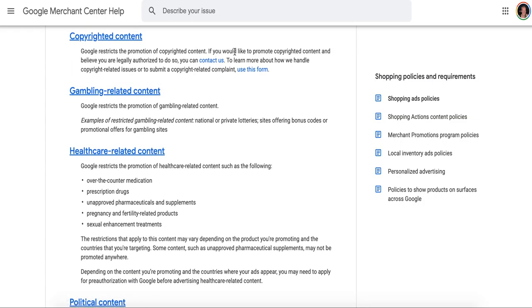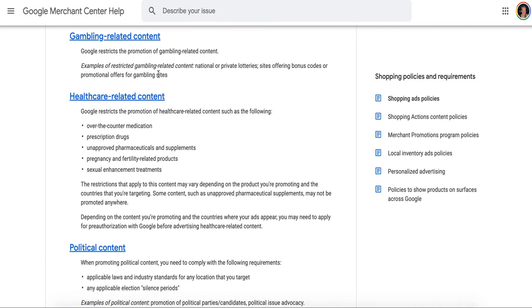So it says here that if you'd like to promote copyrighted content and believe you are legally authorized to do so, you can contact us. Usually this comes into play when you want to put big brand names on your store. Like if you're doing an AliExpress store, for instance, and you try to sell Nike stuff, they're not going to let you sell that through Google Shopping unless you have authorization from Nike. The cool thing about this business model is that with high-ticket dropshipping, you're going to be an authorized dealer, so you do have the right to promote the copyrighted content, so that's fine.